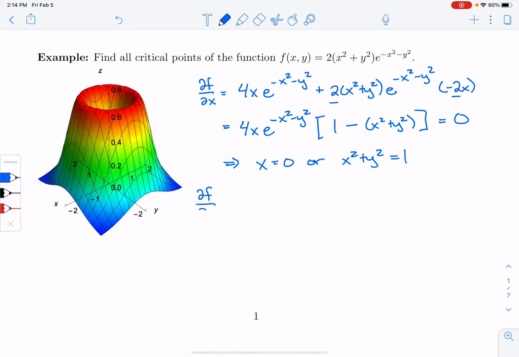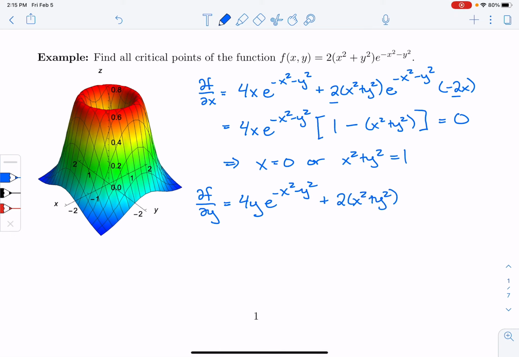Now let's look at the partial derivative with respect to y. This is going to be very similar. Taking the derivative of the first term, the derivative of 2y squared, I'm going to get 4y. I've got my exponential, and then I'm going to leave that first term alone, 2 times x squared plus y squared.